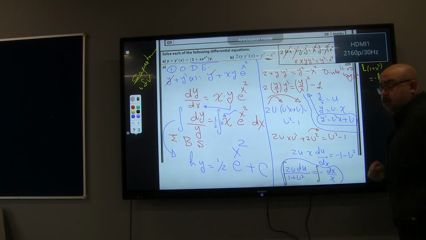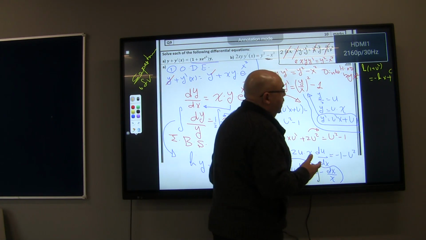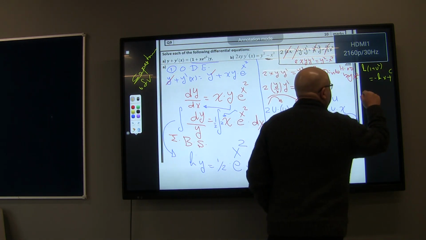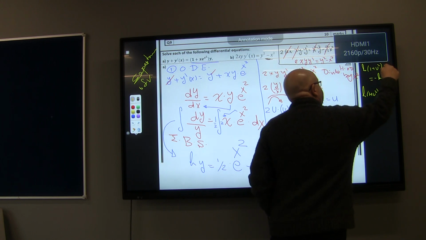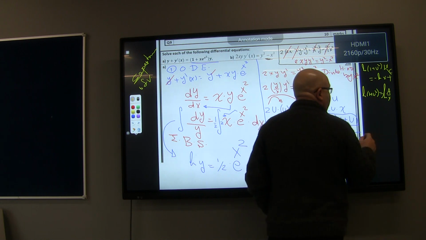I will remove this constant and let it be ln a, as we have taken this plenty of times previously. So you will have ln of 1 plus u squared, which will equal ln a over x. Replacing the c by ln a, then simplifying, take ln out of your equation once more.